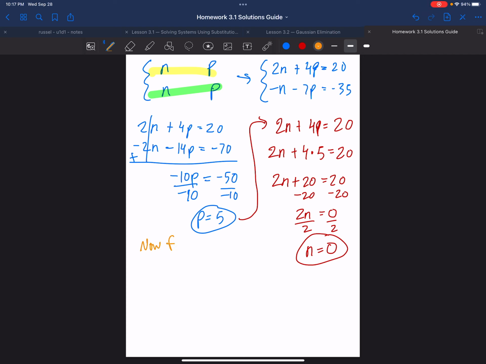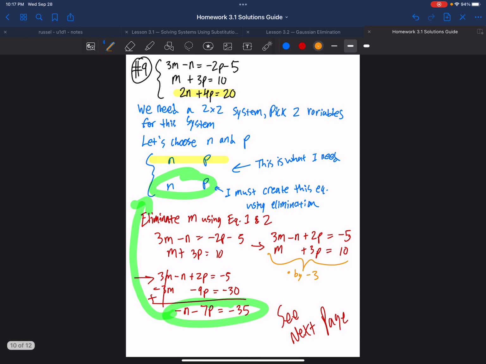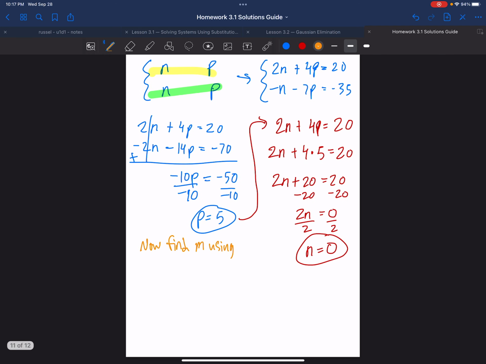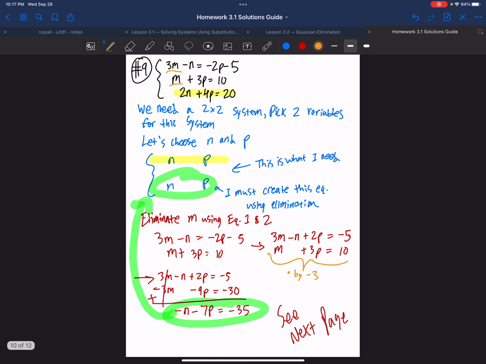Now, find M using equation 1 or 2. I like equation 2. It says M plus 3P equals 10. So I'm going to use that one.